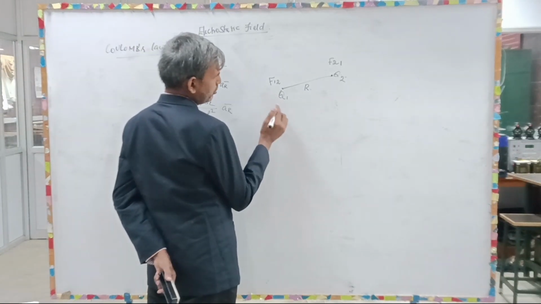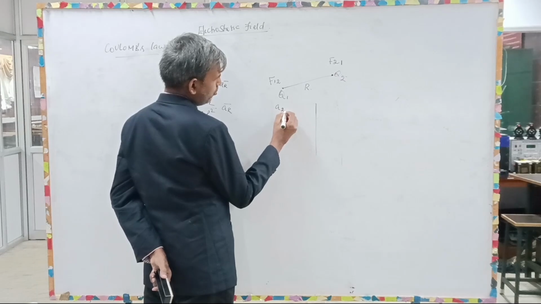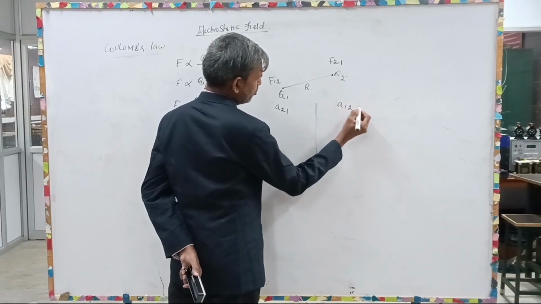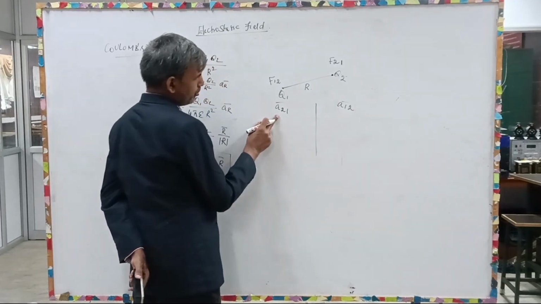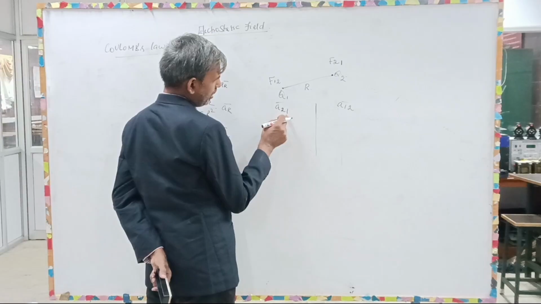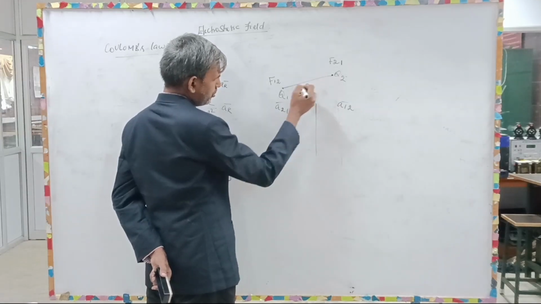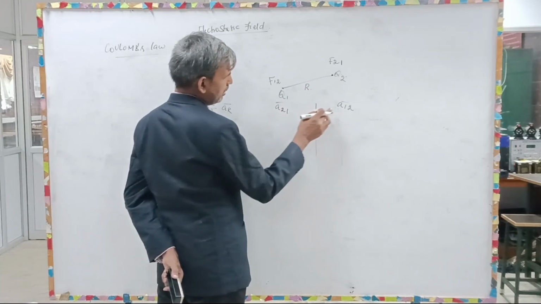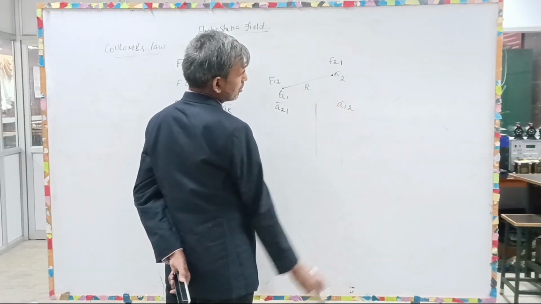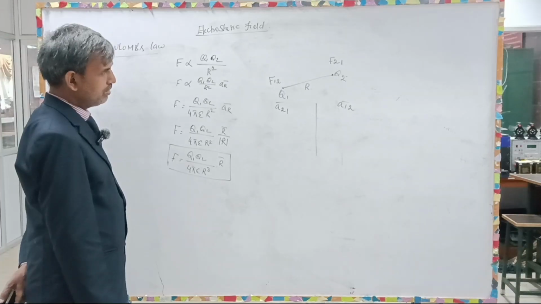Now we write the unit vectors A21 and A12. A21 is for the force on Q1 from Q2, and A12 is for the force on Q2 from Q1. So this is Coulomb's law.